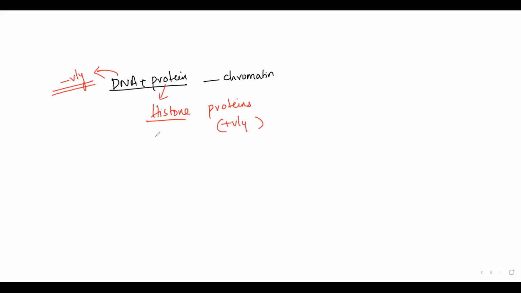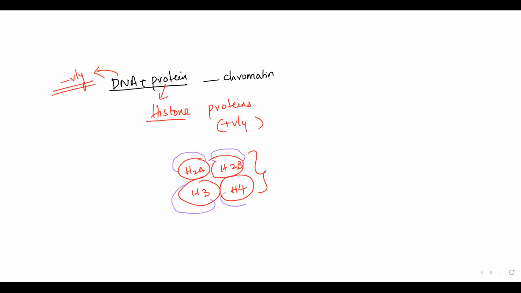So I spoke that there are 8 of these histone proteins forming up. They are made up of H2A, H2B, H3, and H4, right? So you can have 2 H2As, 2 H2Bs, 2 H3s, and 2 H4s, together forming an octamer.